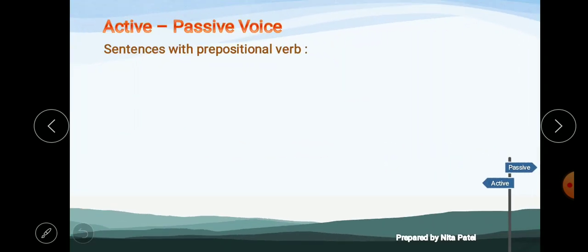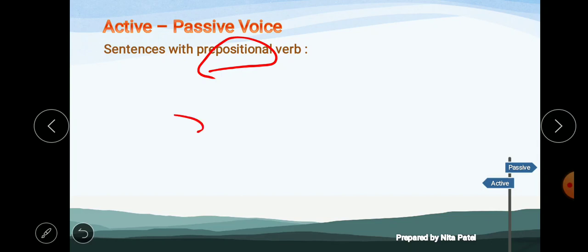Okay, now we'll see the prepositional verb. Now prepositional verb, that means the verb which has the preposition at, in, up, down. So these are the prepositions, and if any verb has this joined preposition, they are called prepositional verbs, right? So if there are any prepositional verbs, write this preposition wherever they are.